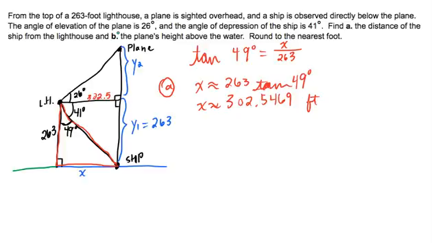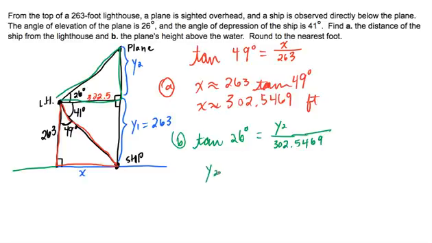Okay, so now I need to set up a trig ratio. I'm going to go with this triangle here. So which trig ratio relates 26 degrees, its opposite side, and its adjacent side? It's still tangent, so tangent of 26 degrees is equal to its opposite side, which I labeled Y2, over its adjacent side, which is this 302.5469.